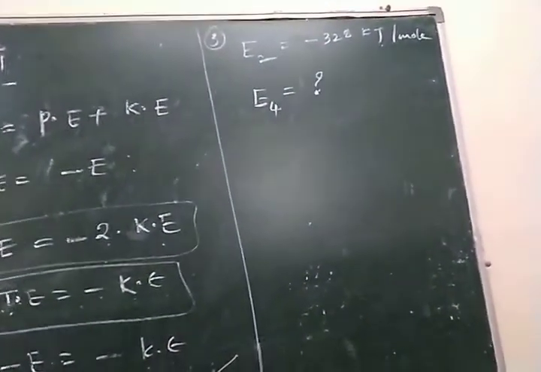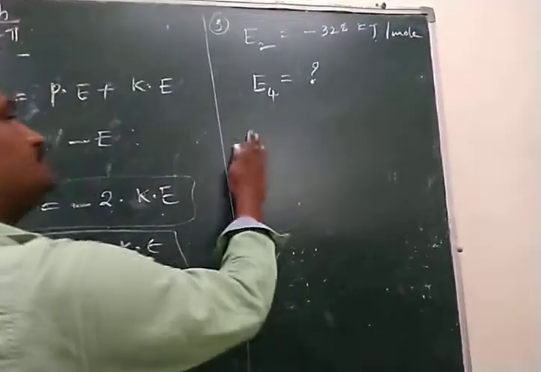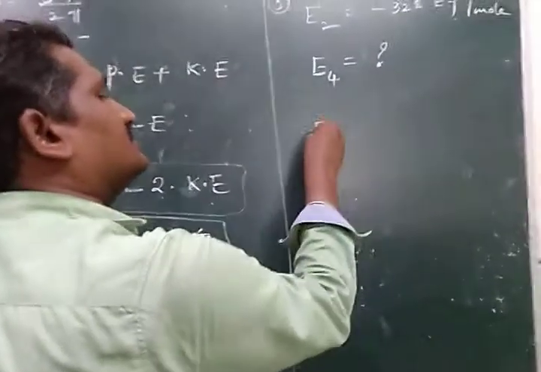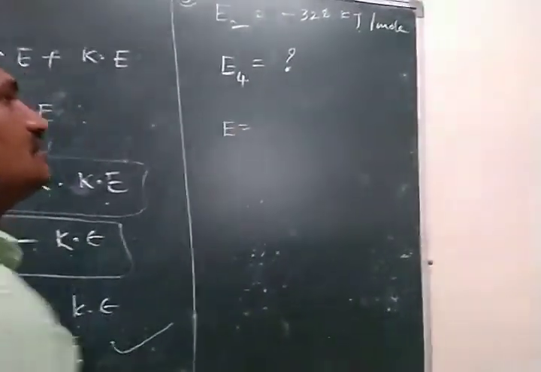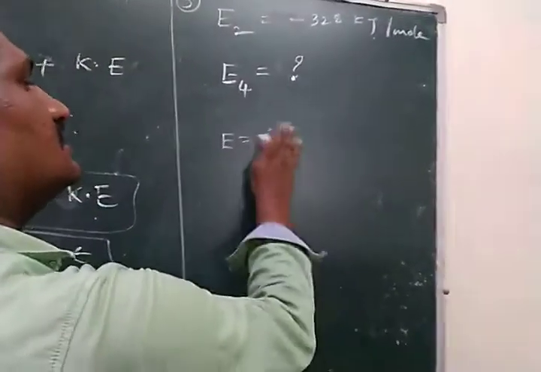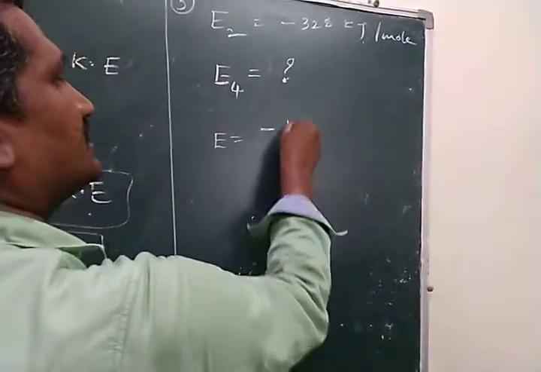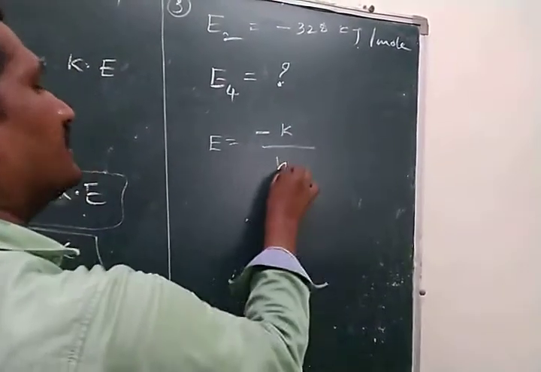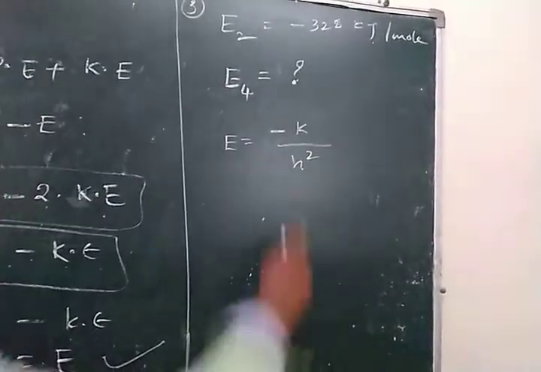Bohr's orbit. You know that formula, energy equal to minus K by n square, where K is the constant.